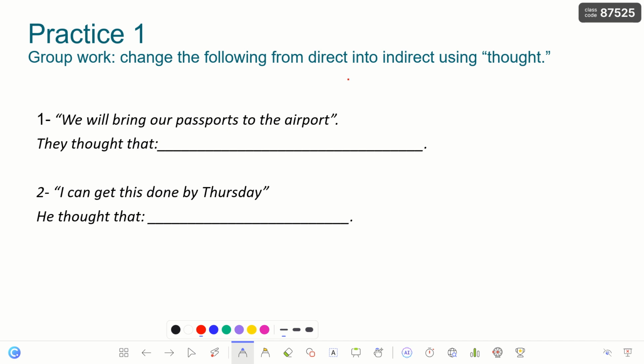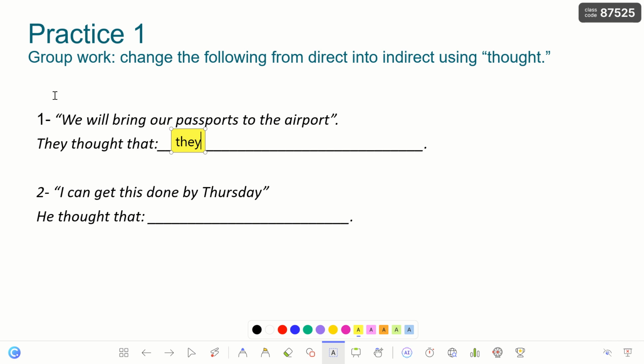Change the following from direct into indirect using thought. We will bring our passports to the airport. So they thought that we, in the indirect speech, becomes they, because I'm talking about them, I'm not the speaker.